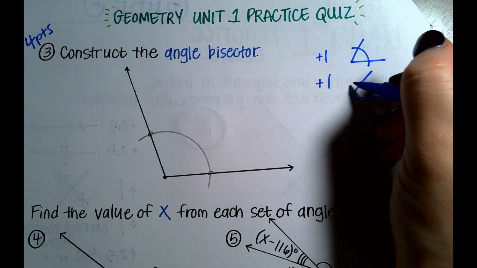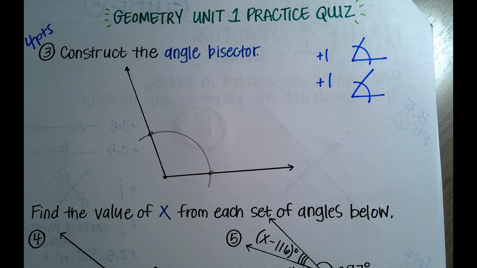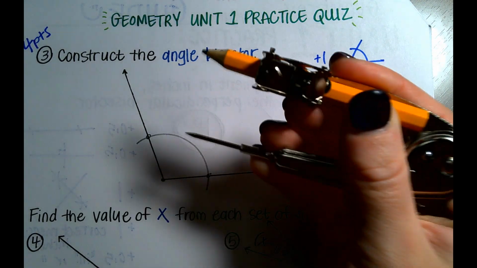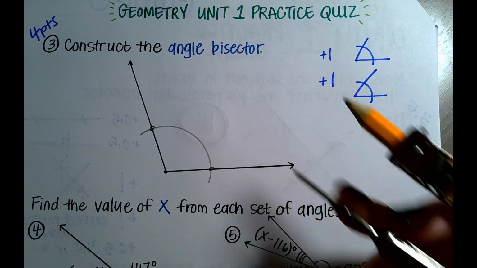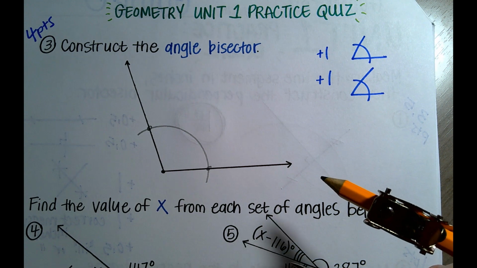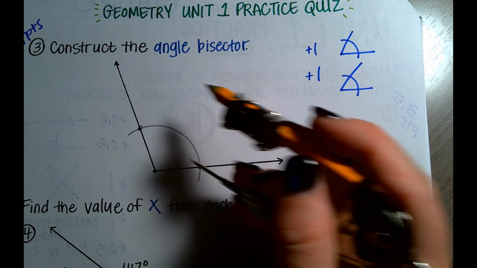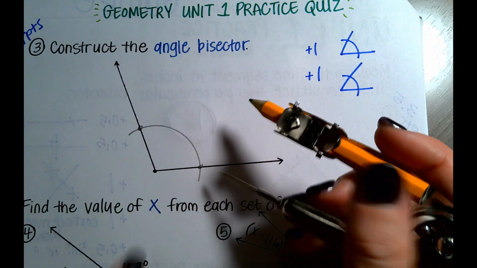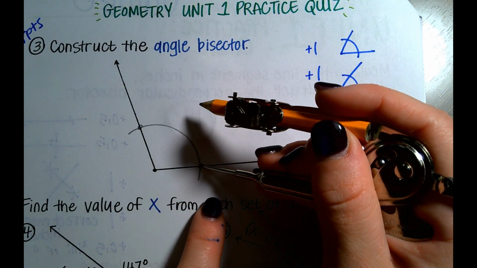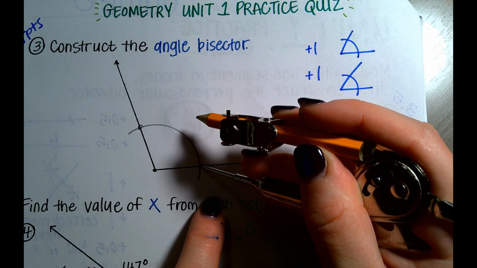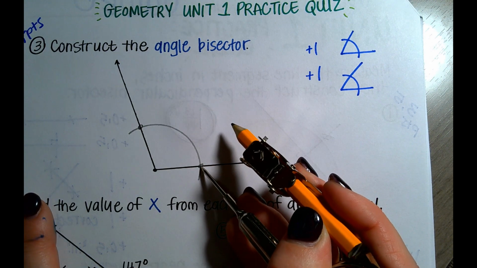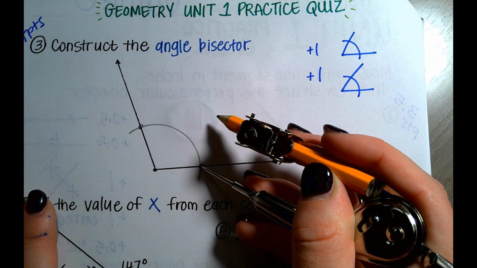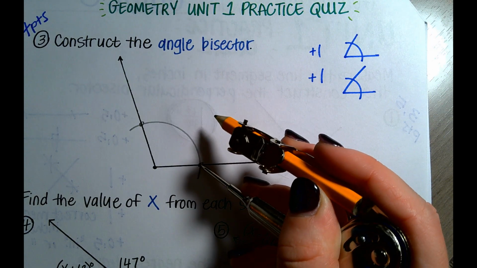The next point you'll get is for what comes next, which is, now we're going to take our compass, and where will I put the points for the next step? Yeah, on the points that we just made, those intersections that we created in step 1. So I'm going to take my compass, put the point right there on that intersection, and where should I be drawing an arc? Inside the angle or outside the angle?